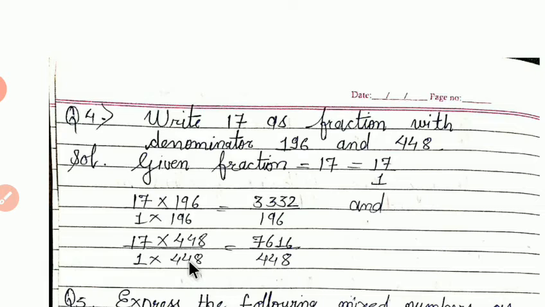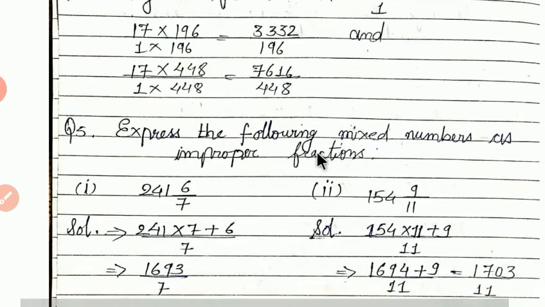So if you multiply 448 in the denominator, by the same number you have to multiply the numerator also. 17 into 448, if you multiply this, we'll get 7616 upon 448. So 3332 upon 196 and 7616 upon 448 are the fractions of 17 with denominators 196 and 448.